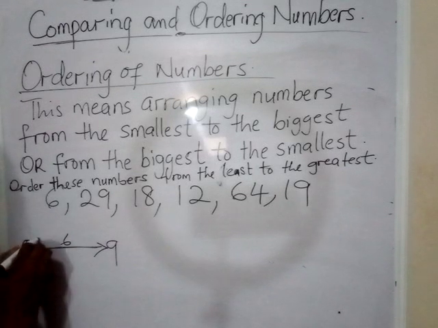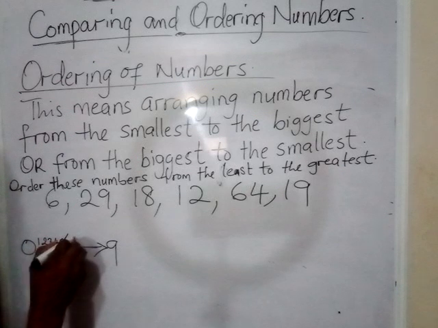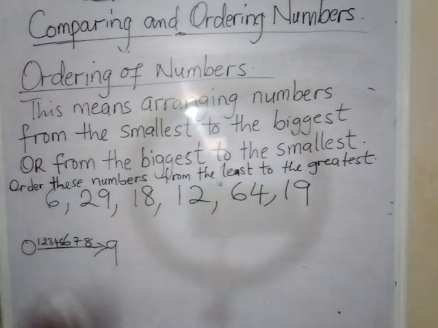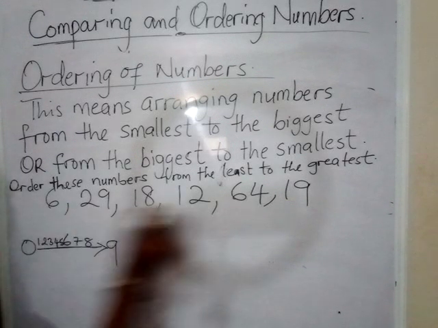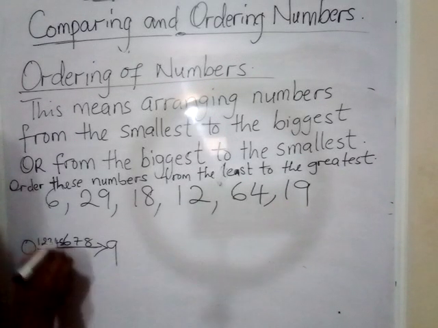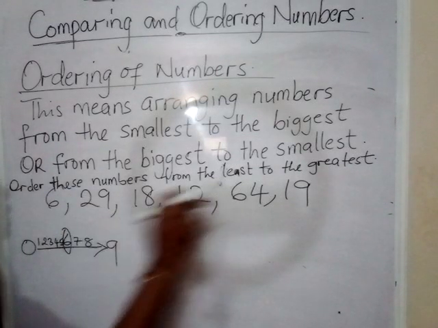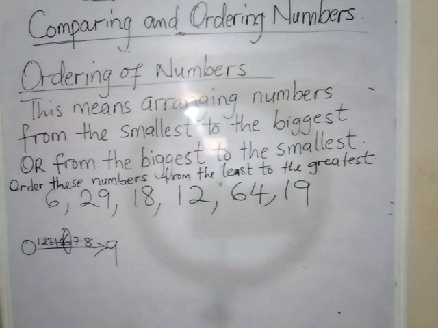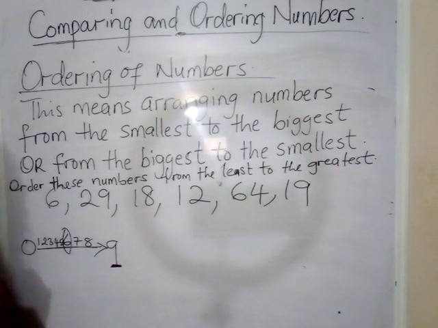So you have 0, 1, 2, 3, 4, 5, 6, 7, 8, and then you have your 9. Among the numbers you have here, 6 is the only single digit number.